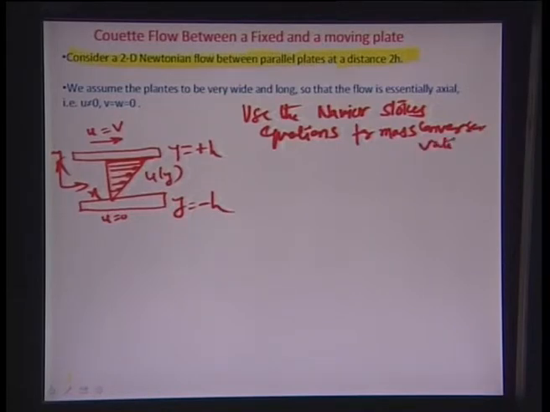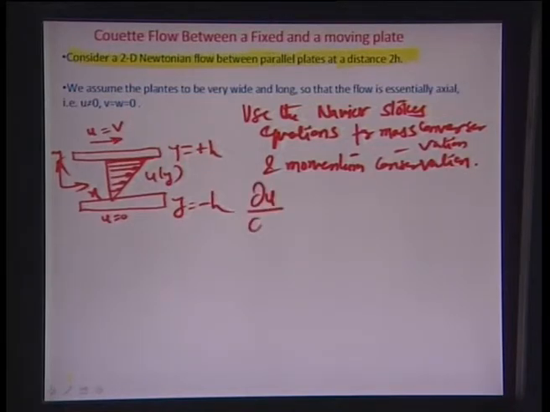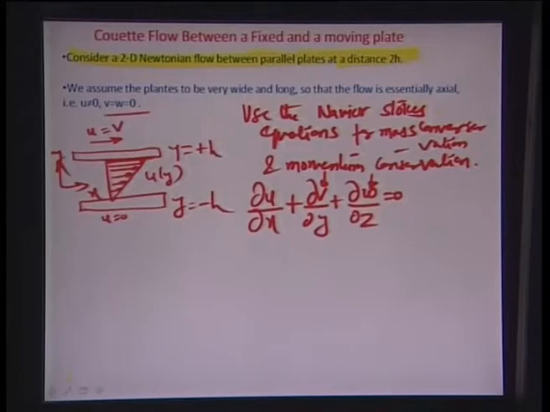As I told you earlier, we will only be discussing the conservation of mass and conservation of momentum equations for microfluidics. So for the conservation of mass equation, we get du by dx plus dv by dy plus dw by dz equal to 0. v and w do not matter because we are assuming v and w to be 0.